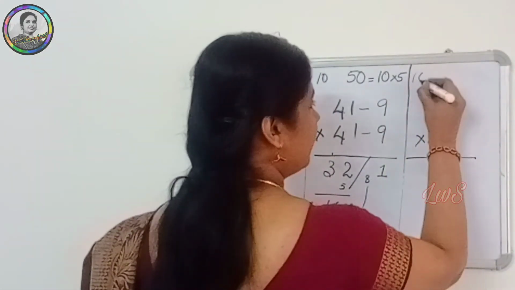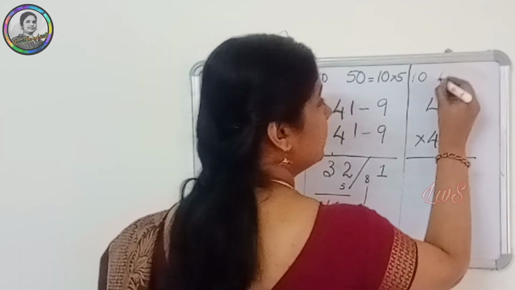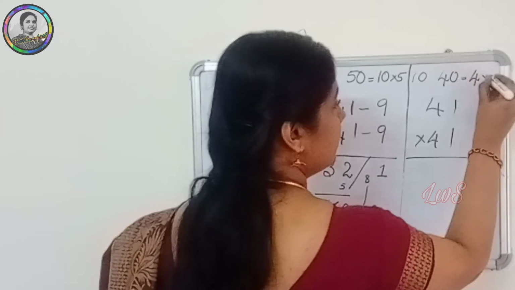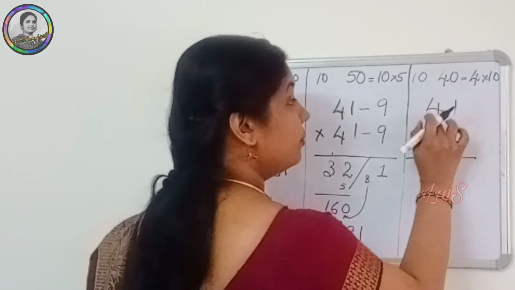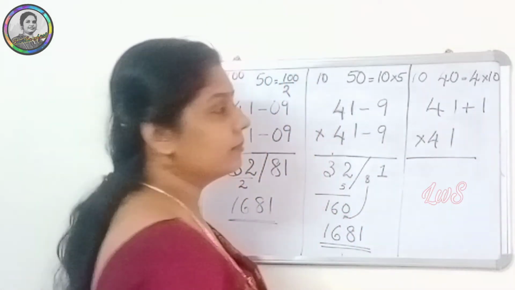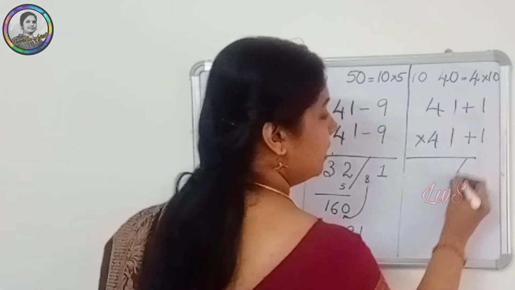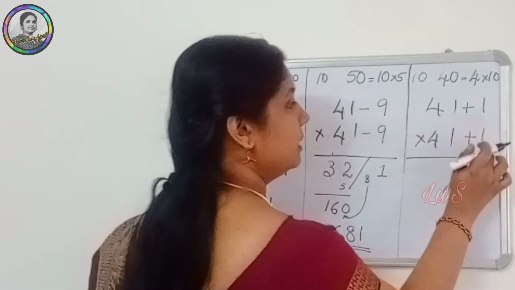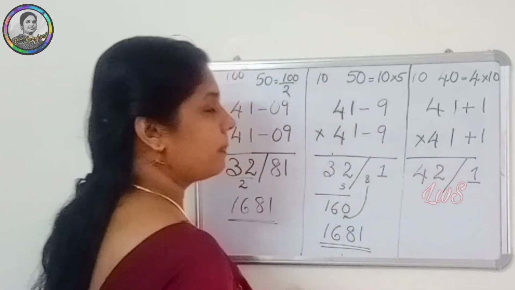Here also I am taking the base as 10, but the working base as 40, which is equal to 4 times 10. Now 41 is 40 plus 1. Here also 40 plus 1. Now the right hand side is 1. 41 plus 1 is 42.